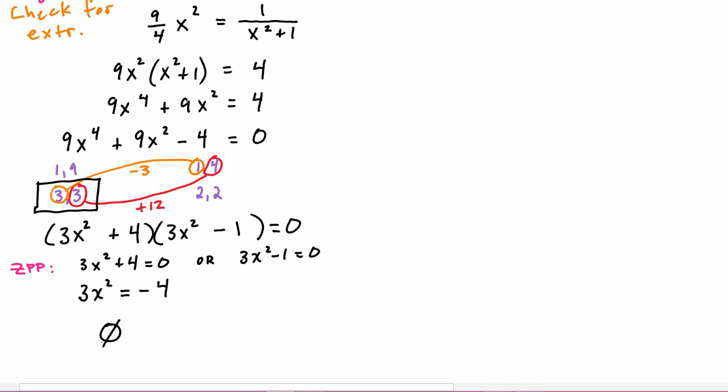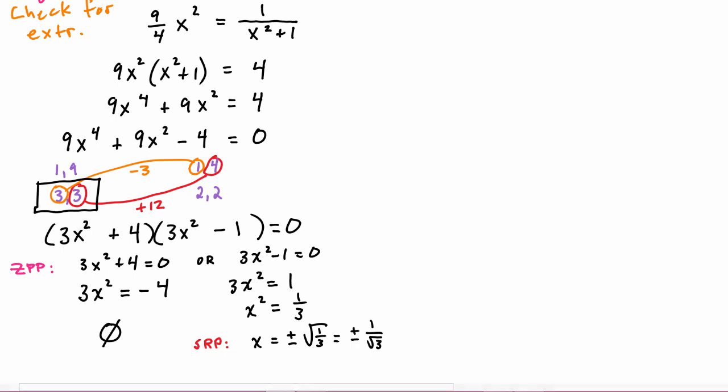That's kind of nice. Cut down on the amount of work we have to do. So let's turn our attention over here. We get 3x squared has to equal 1, which means x squared is 1/3, which by the square roots property tells us that x is going to be plus or minus the square root of 1/3, which is plus or minus 1 over radical 3.